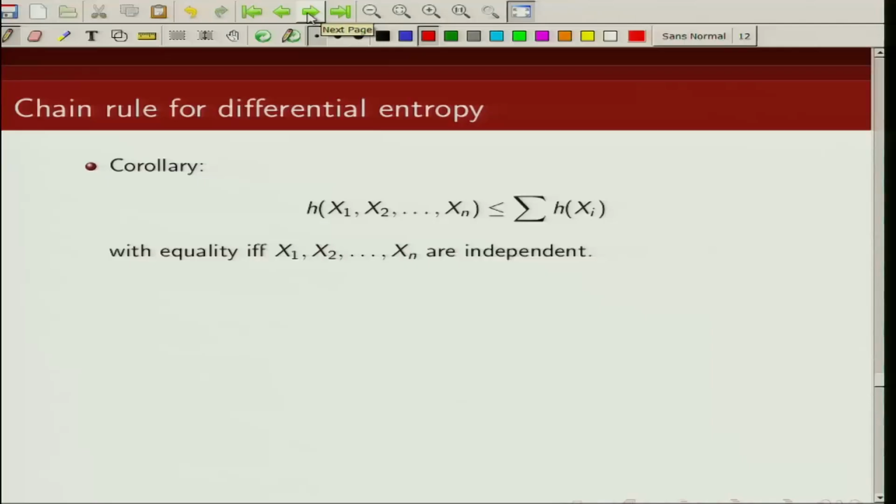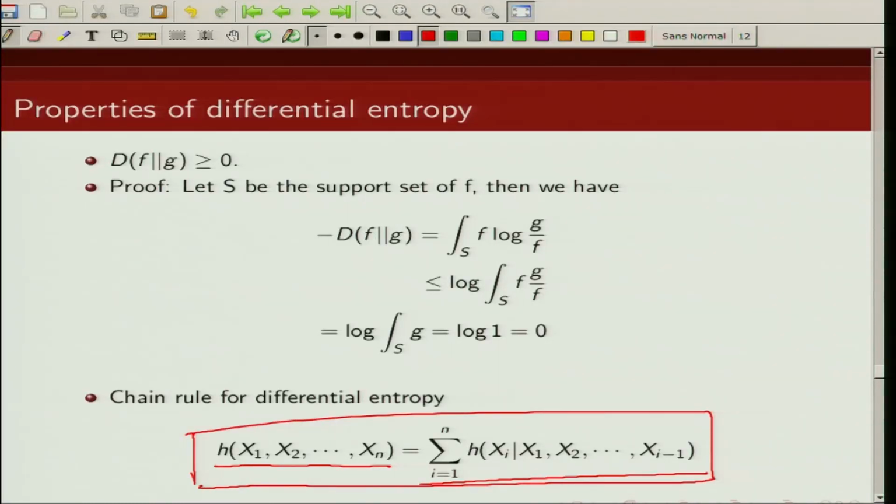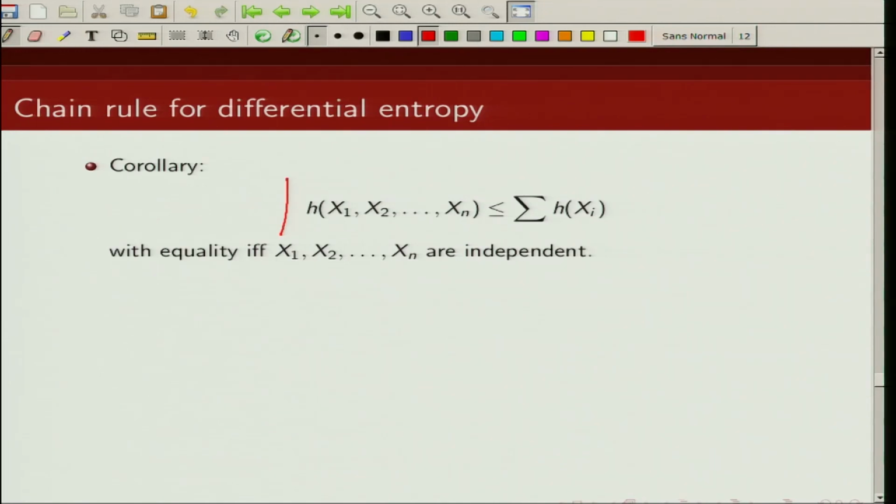So mutual information should be greater than or equal to 0, and from there we can prove that conditioning cannot increase entropy. So from the chain rule, if we apply this condition that conditioning cannot increase entropy, we get this condition.